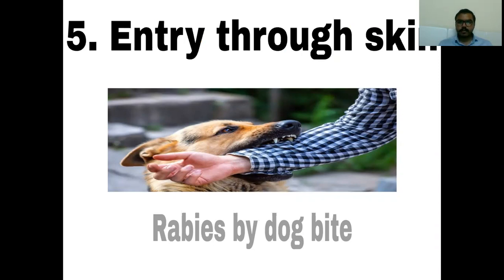If the dog bites us, the virus, the germs from his teeth will enter our body through our skin, and we will get rabies. If we don't take proper measures and proper medicine, we will get infected.